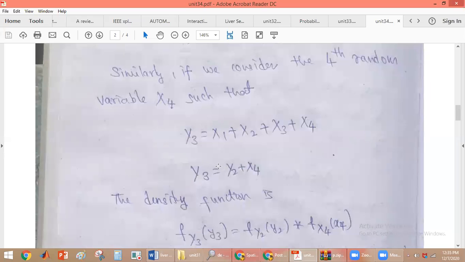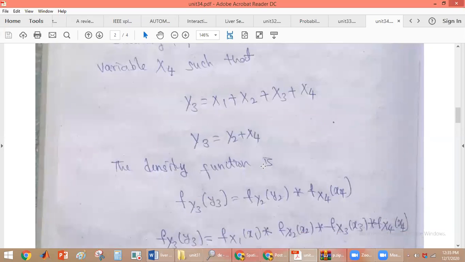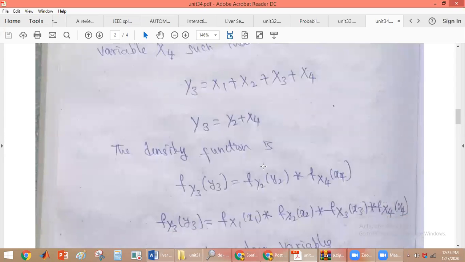So y3 will be y2 plus x4. Now from the sum of two random variables, we know that the probability density function of y3 will be the convolution of the probability density function of y2 and x4. So fy3 of y3 will be fy2 of y2 convolution fx4 of x4.